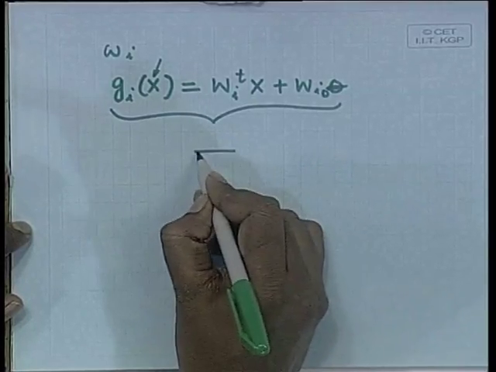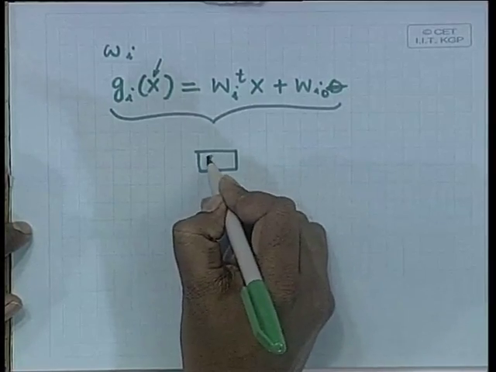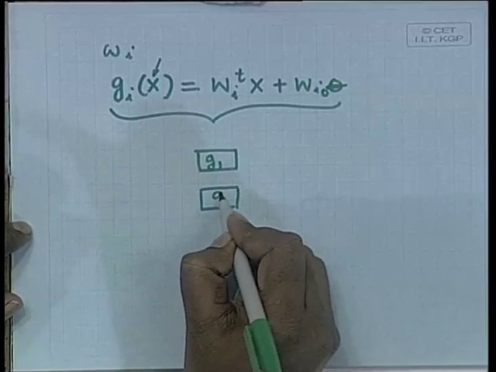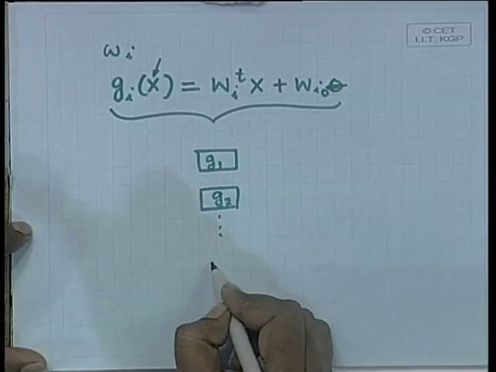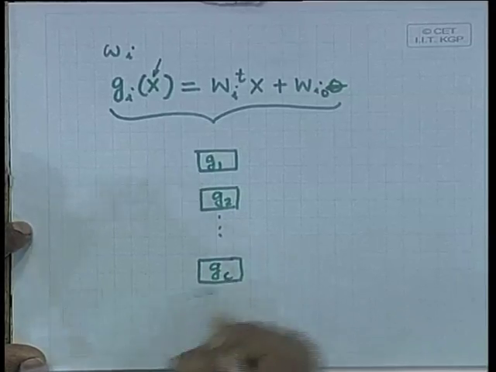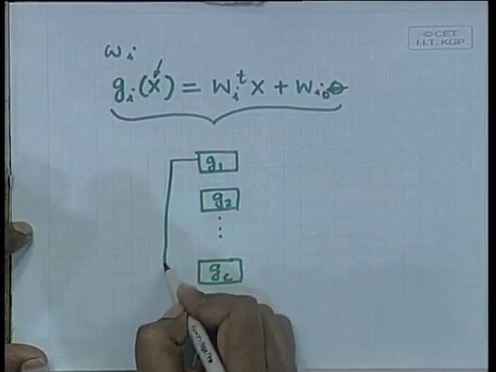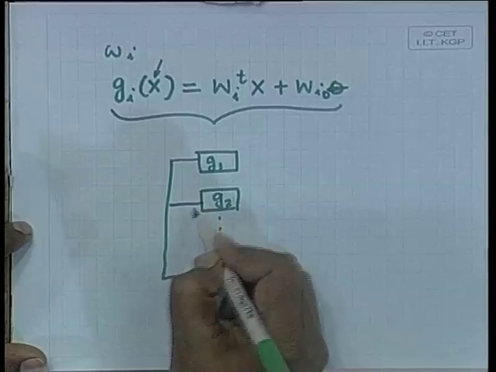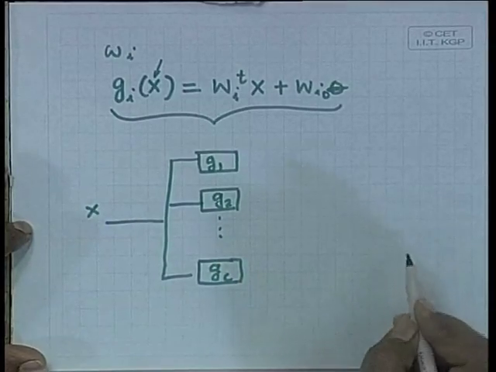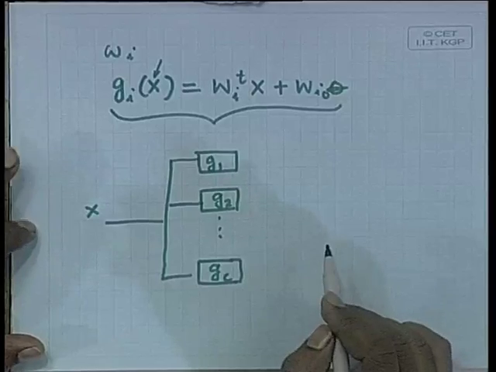So, we have something like this: g 1, g 2, and so on. If there are C number of classes, we have the discriminant function g C. Then given a vector x, the vector x will be fed to the discriminant functions of all the classes.